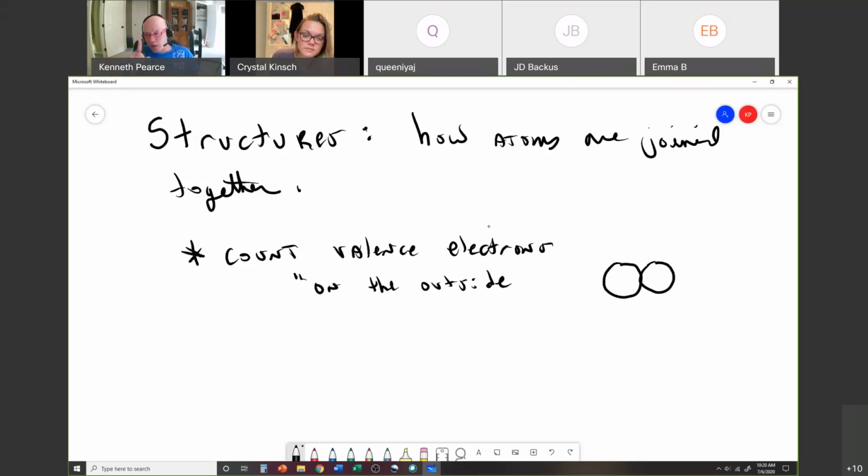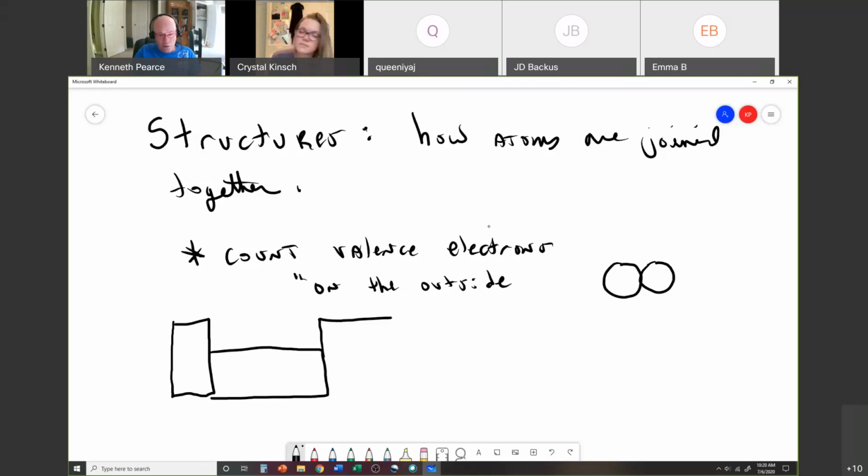Now, how do we find the valence electrons? Well, if we look at the periodic table, and I'm going to draw a very crude one here, with hydrogen right there, and here are your transition elements in the middle.